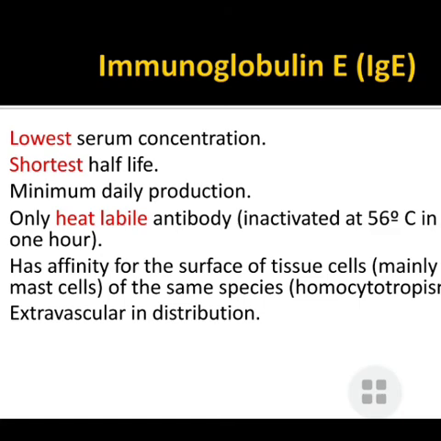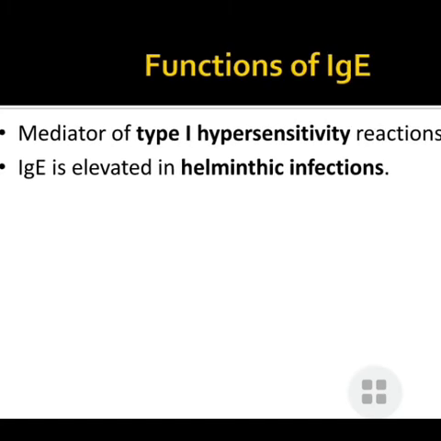It has affinity for the surface of tissue cells, which are mainly mast cells of the same species, that is homocytotropism, and it is extravascular in distribution. Despite being the least prevalent one, it has very important functions, like its presence in allergic conditions like aspergillosis, all the parasitic diseases, and so on.